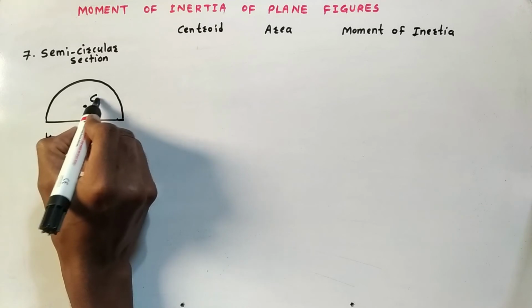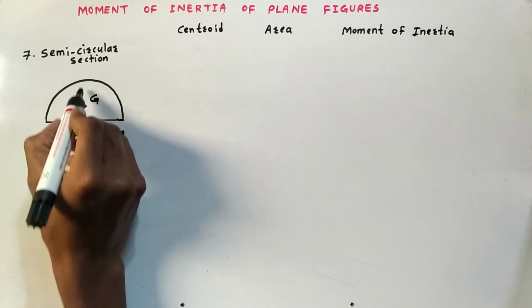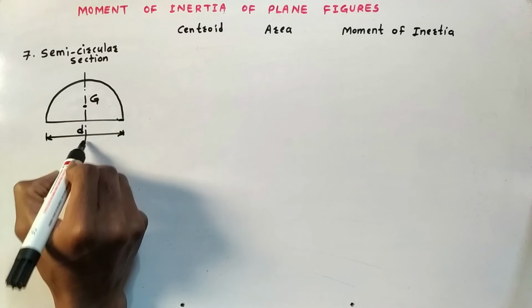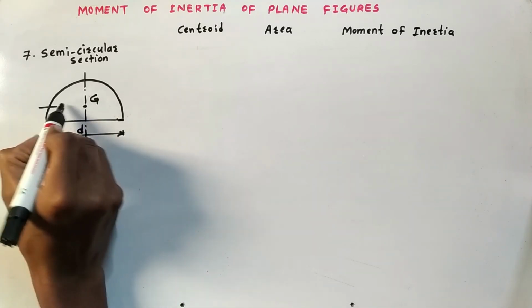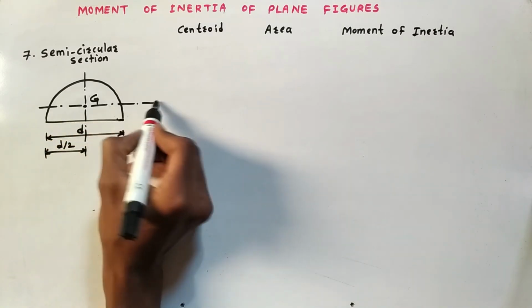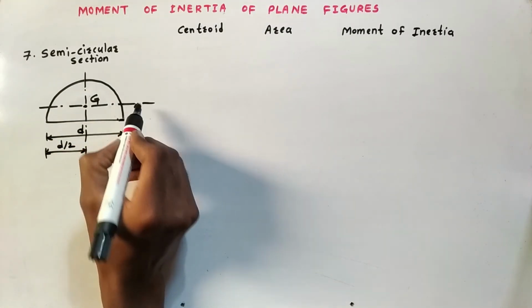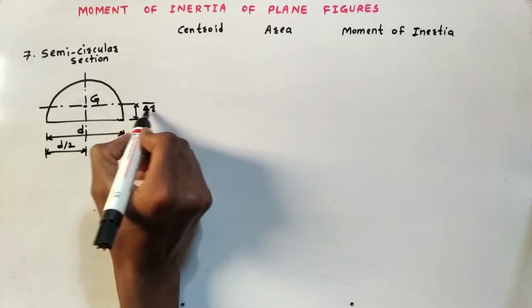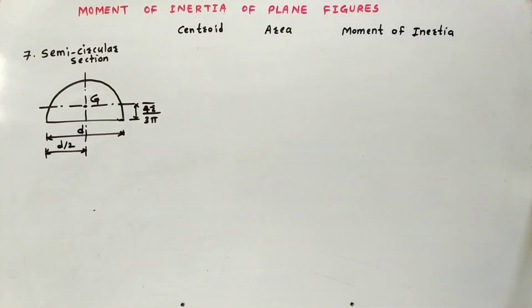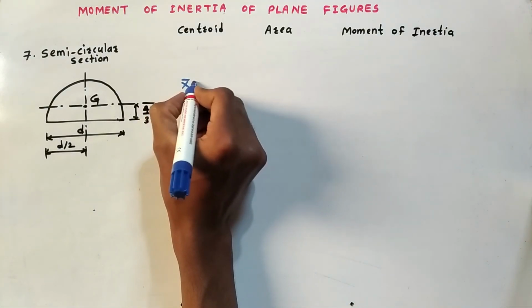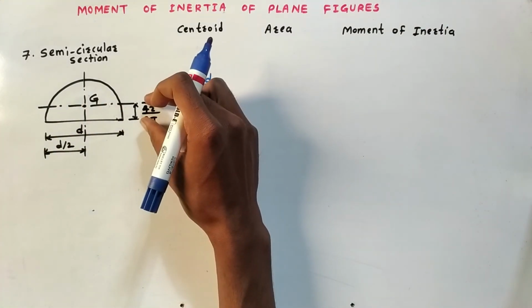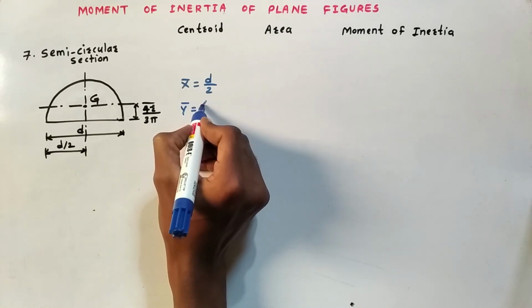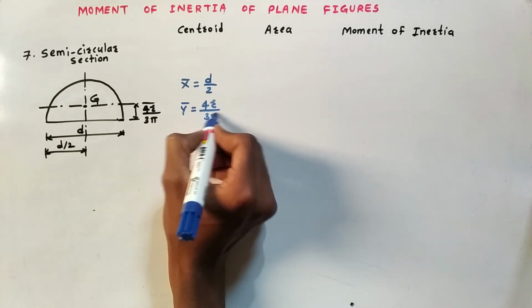Now this is G. So it is at d by 2 from the left hand. But what is the distance of the centroid from the bottom or from the base? It is 4r by 3 pi. Now the centroid, x bar is equal to d by 2 and y bar is equal to 4r divided by 3 pi.